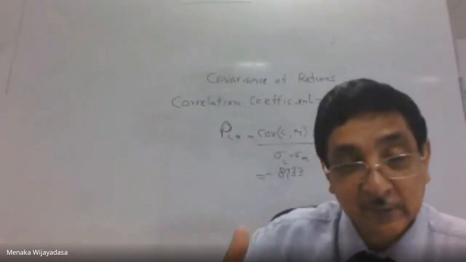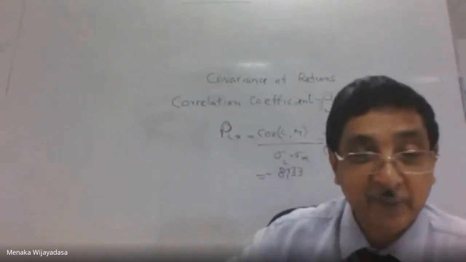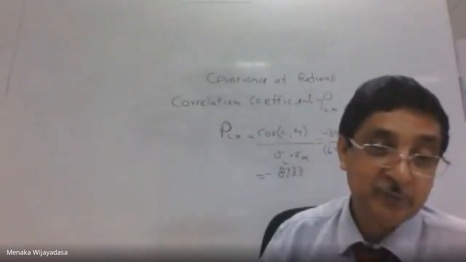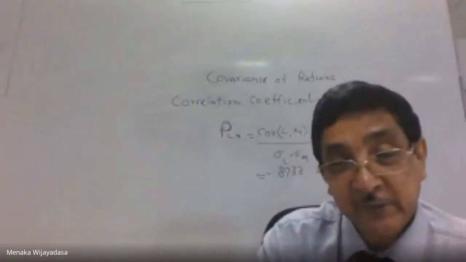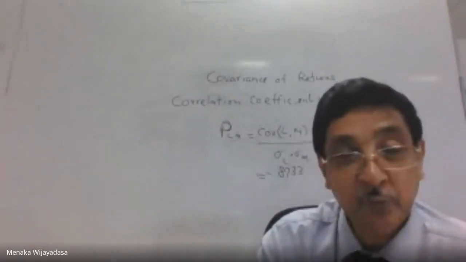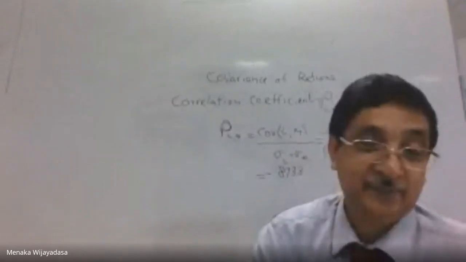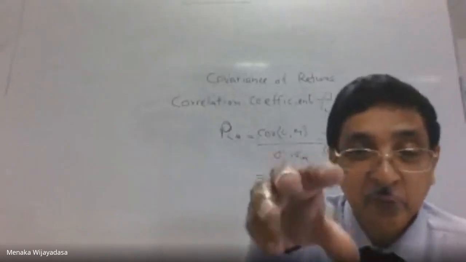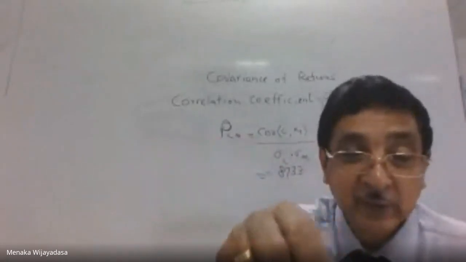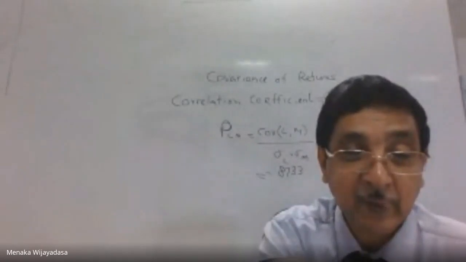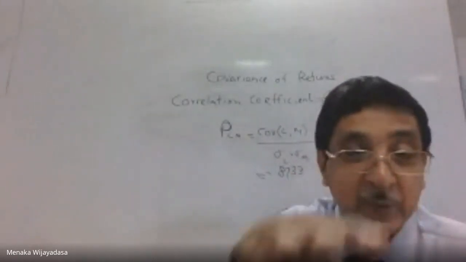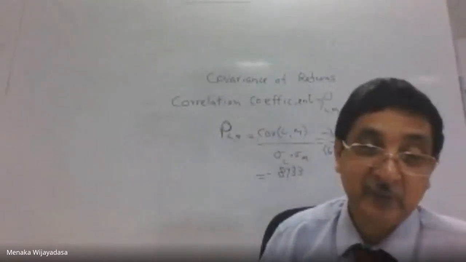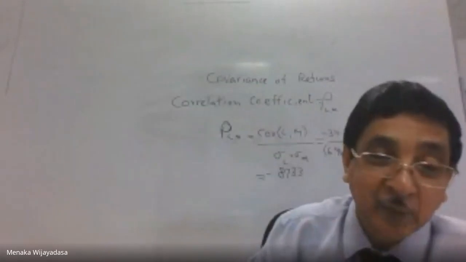Diversification is a concept we use in order to bring down the total risk of the portfolio. These calculations will guide you to select assets. That is why we calculate all these things. When you add assets with negative correlations, the total portfolio risk would be lower, and you can have a higher return for that. That is the objective of an investor.